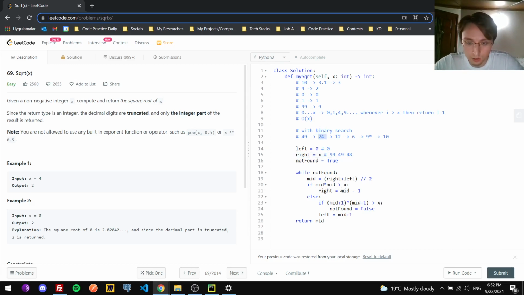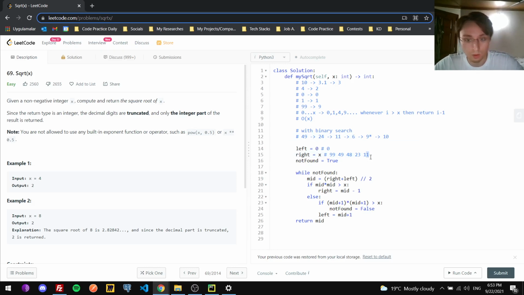And then we check it is greater than that, and then mid minus 1 is 23. We add those, and the mid is 12. This is 13.